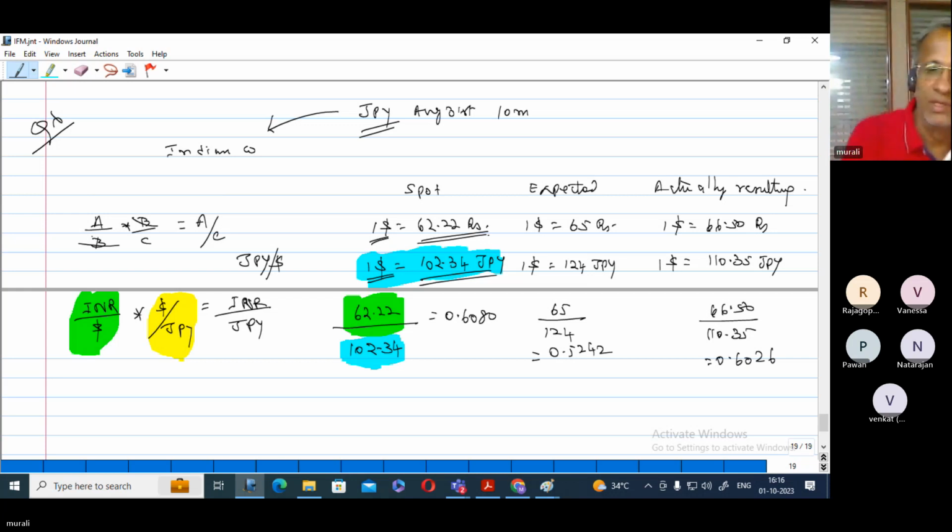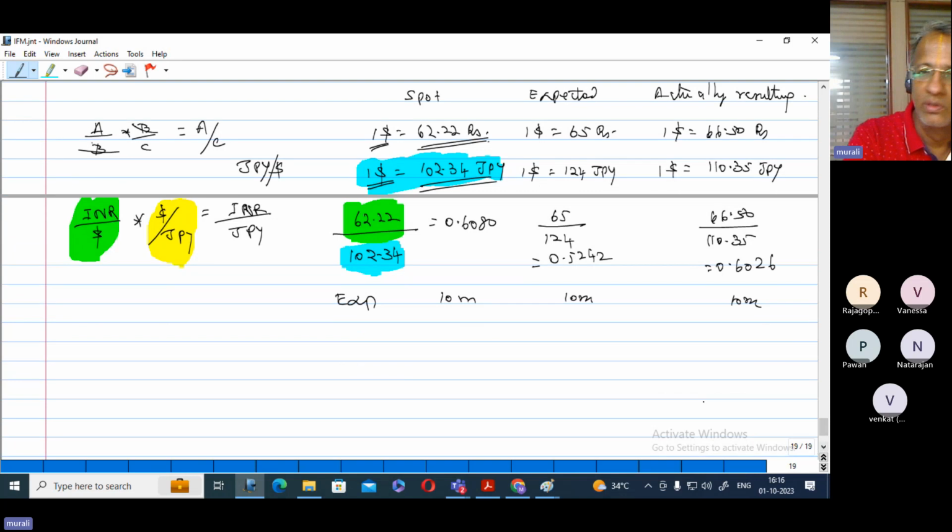Right. So now the exposure is 10 million. How many Indian rupees will they realize? If done at spot, it is going to be 6.08 million rupees, 5.242 million Indian rupees, and 6.026 million Indian rupees.